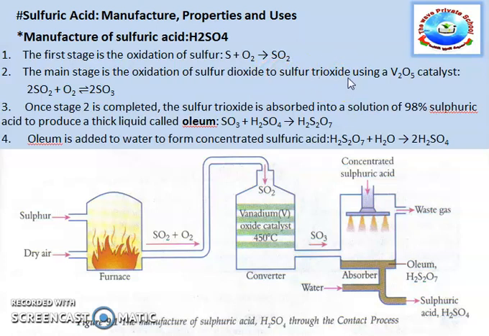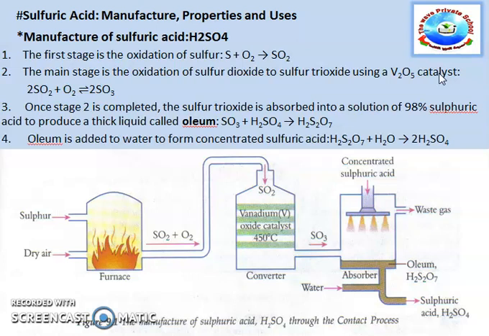This reaction doesn't happen easily by itself, so we have to use vanadium oxide catalyst to activate the chemical reaction. As we all know, we use a catalyst to activate the chemical reaction. And what is the work of a catalyst?